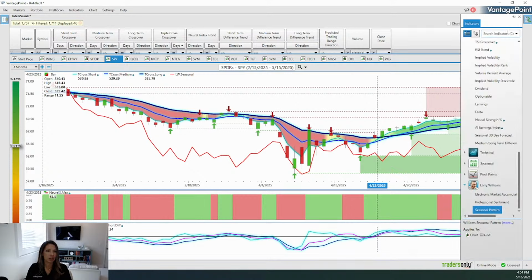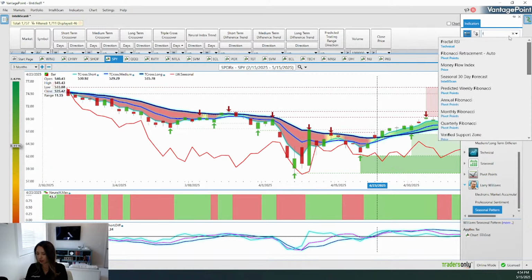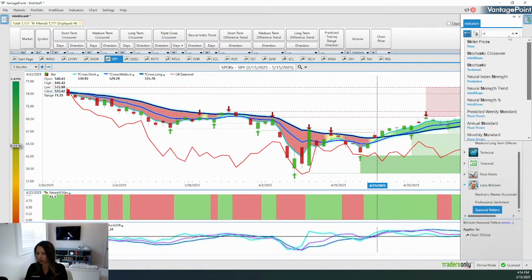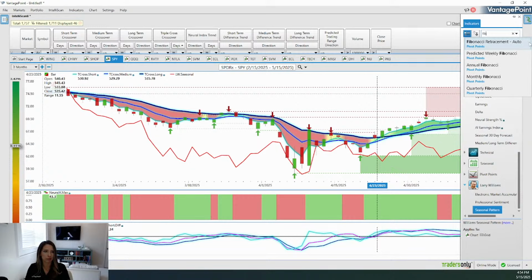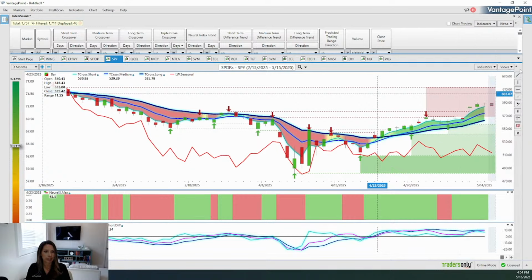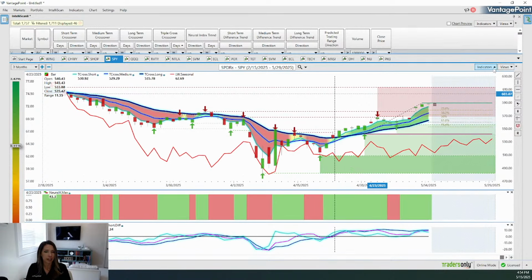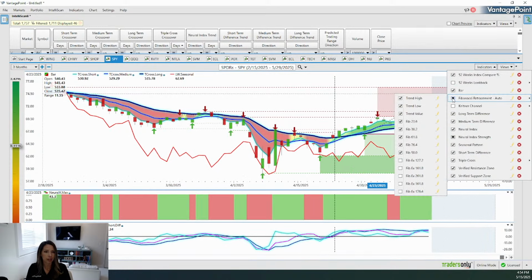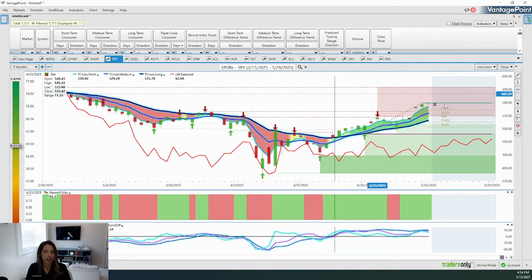Now we can also expand our chart out just a little bit. We could even just put on strike prices or Fibonacci levels. There's a lot of really great predictive indicators that we have here in the software. We'll just leave those on here for a second.